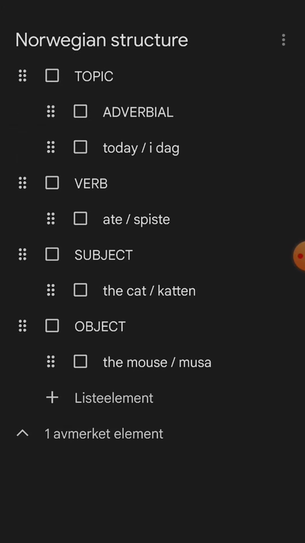If you put an adverbial such as today or i dag, da, to the school, whatever the case may be, basically anything that's not a subject, verb, or object, when you put that into the topic slot, it works exactly the same way.